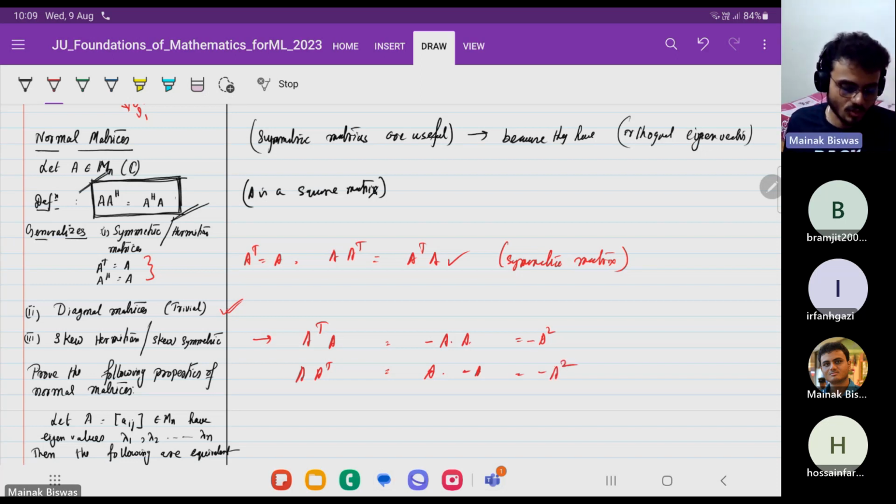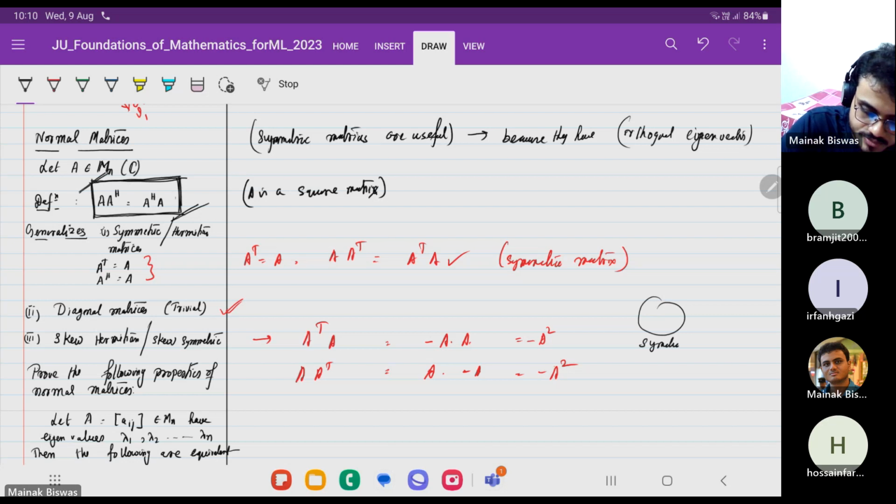Is this clear? So what are we trying to generalize? We are trying to generalize a class of matrices which are a superset of. So if this is your symmetric matrix, Hermitian matrices.